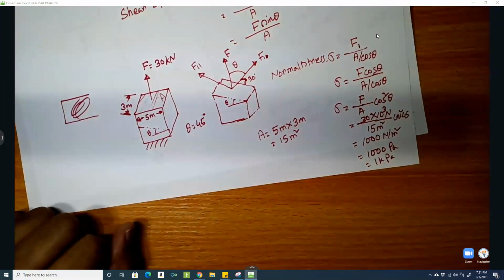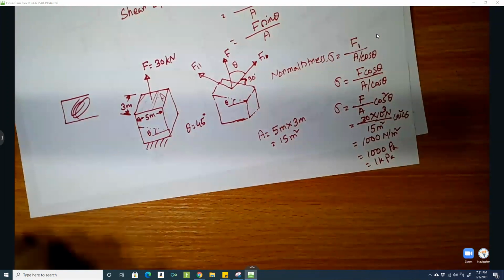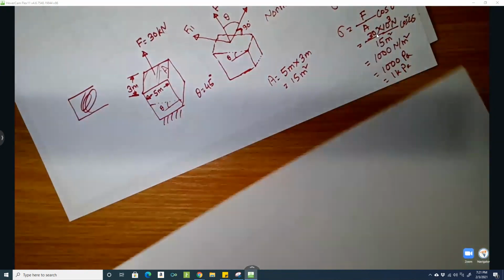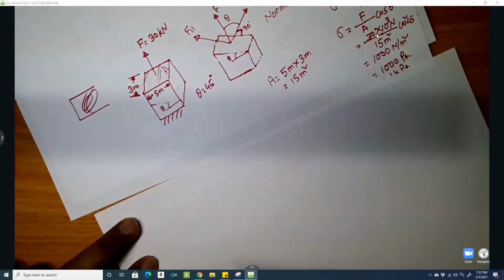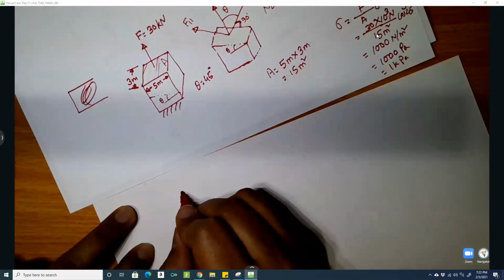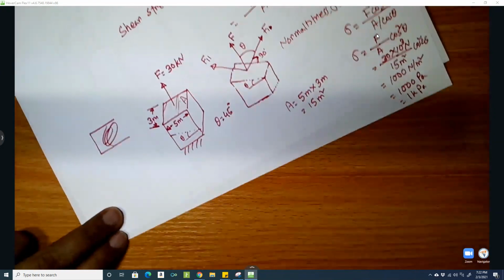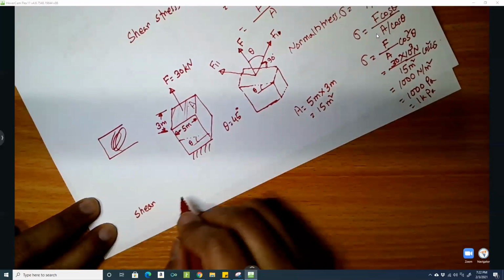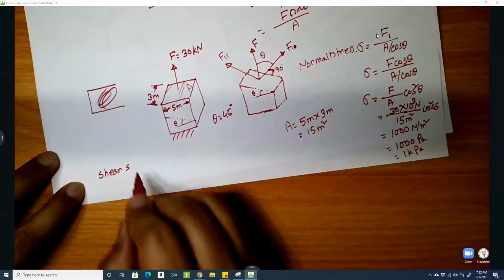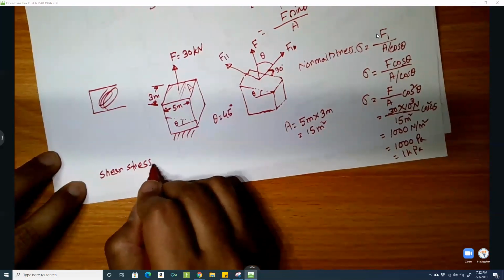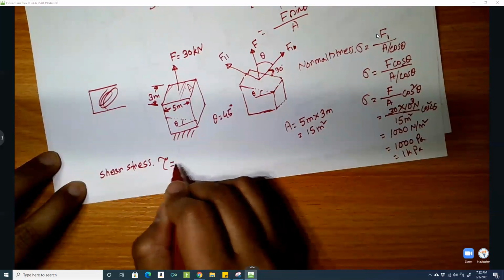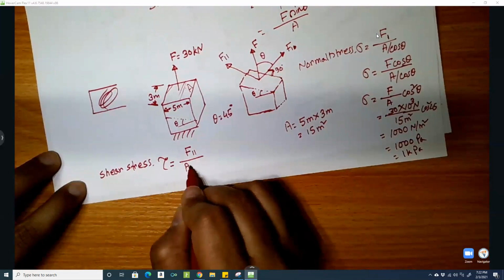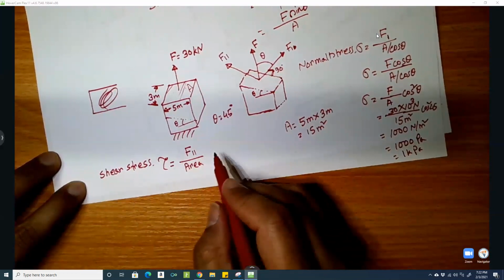Now the next is the shear stress. The shear stress tau is going to be F2 by area.